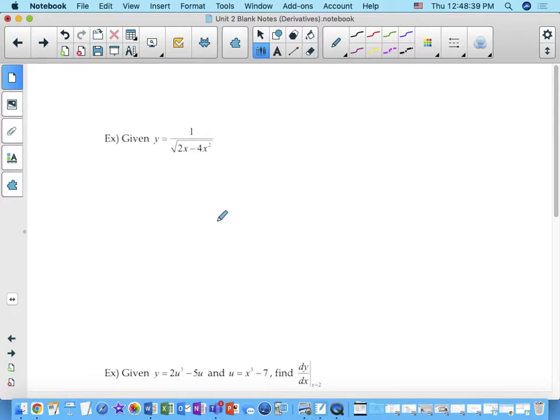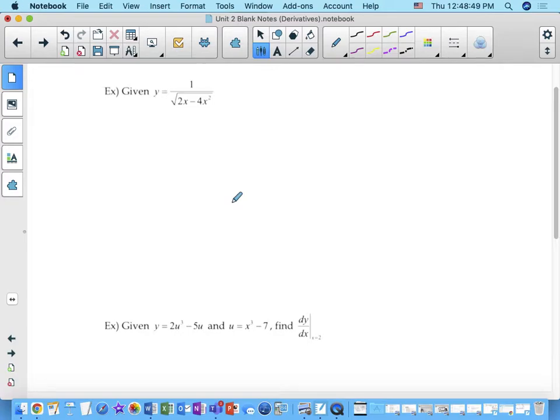Y equals, okay, so here, by the way, I didn't actually type this out, but given y equals 1 over the square root of 2x minus 4x squared, we want to find y prime, or dy by dx. Okay, where would you start here? Yeah, we could bring the root 2x minus 4x squared up and put it as a negative exponent. Yeah, I would write this radical as a negative exponent, right?